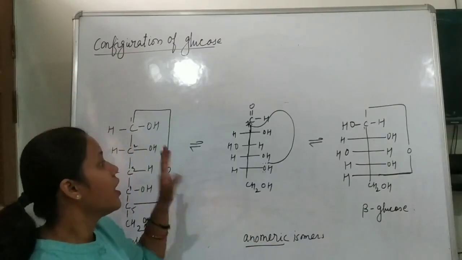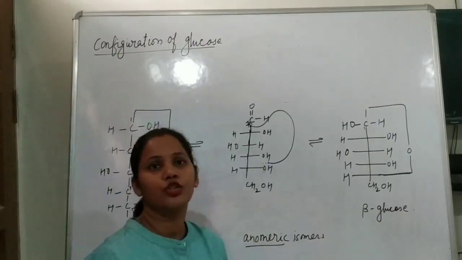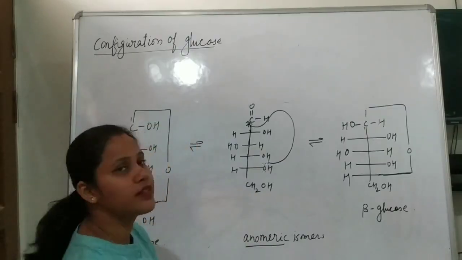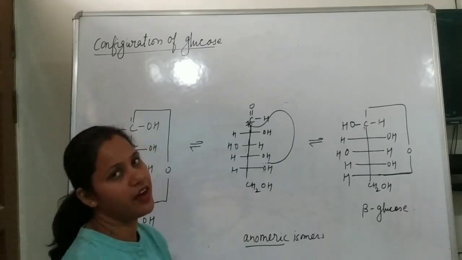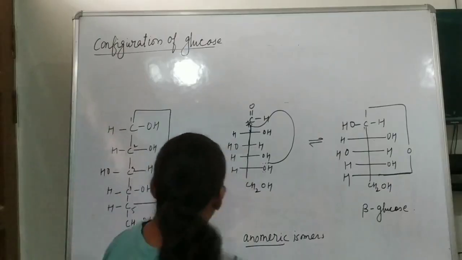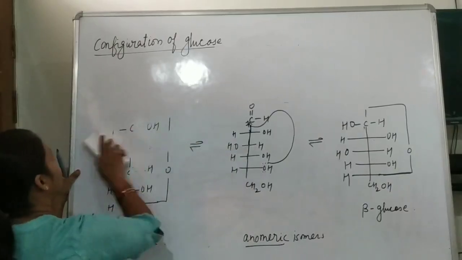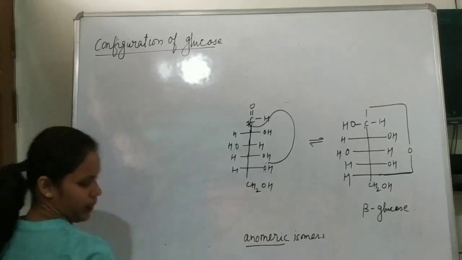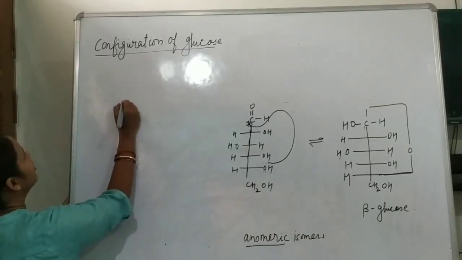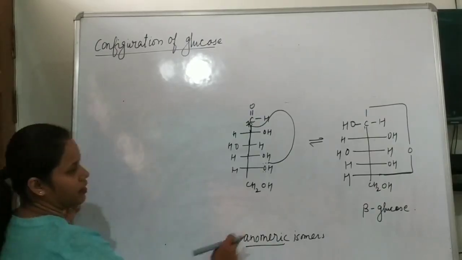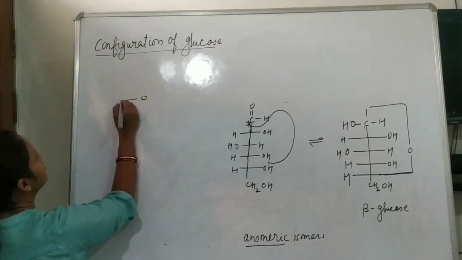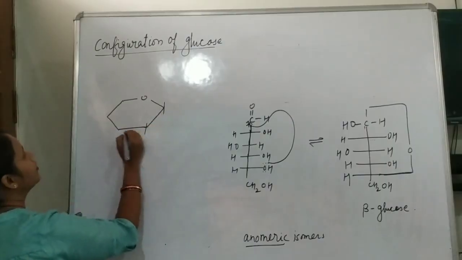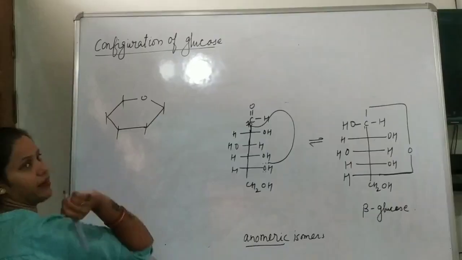Now since the structure resembles the structure of pyran, it is also known as pyranose, which is a 6-membered ring having an oxygen atom and 5 carbon atoms. Let me show you how. Please keep taking notes. So the structure of alpha and beta glucose is this.